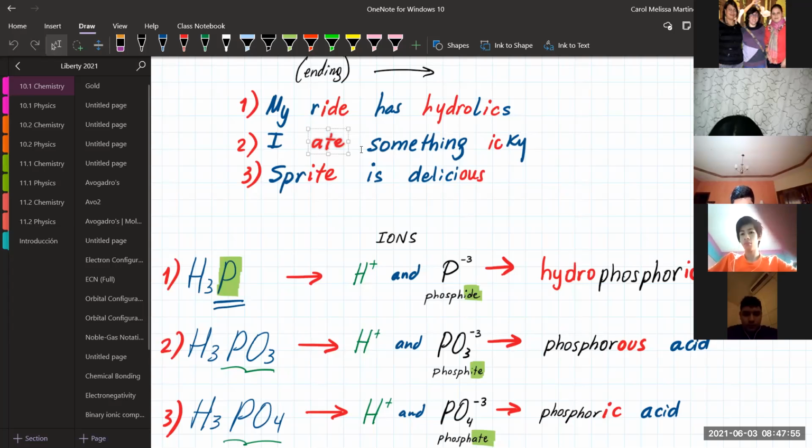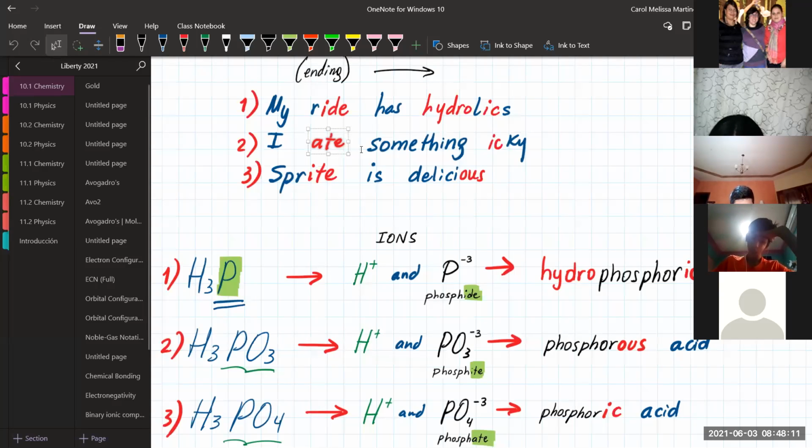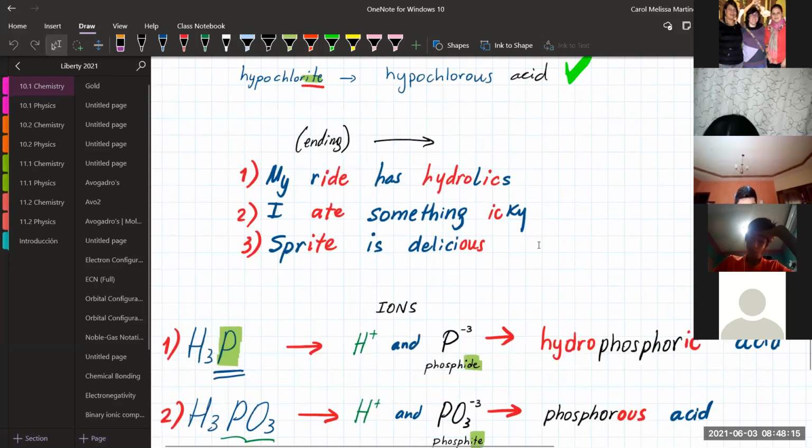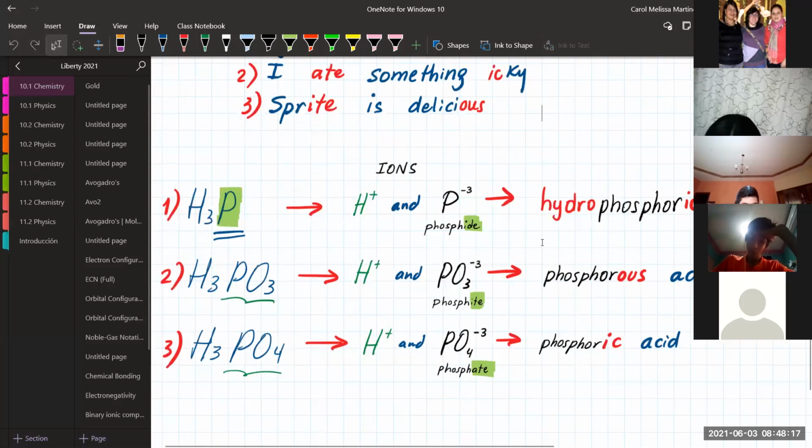Remember: IDE, hydraulics; ITE, Sprite; ATE, icky. You're going to be just fine if you never forget to use the mnemonics. The mnemonics tell you exactly what to do.